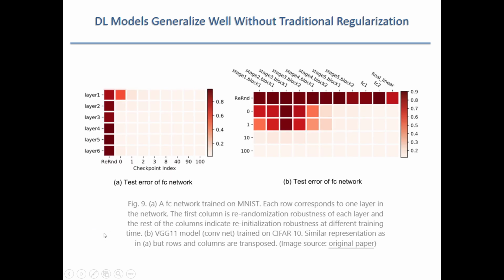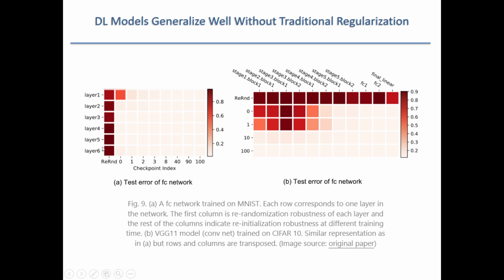What has been shown is that, for instance, here they have a neural network with different convolutional layers. We have not seen convolutional layers yet, but we will see. Then some fully connected layers and a final layer that is a linear combination, there is no activation function. And then they apply a re-randomization.